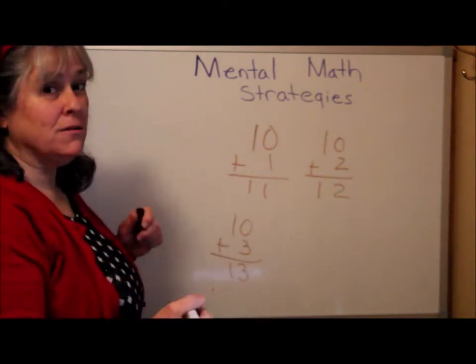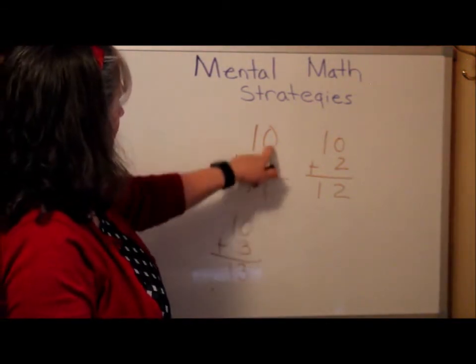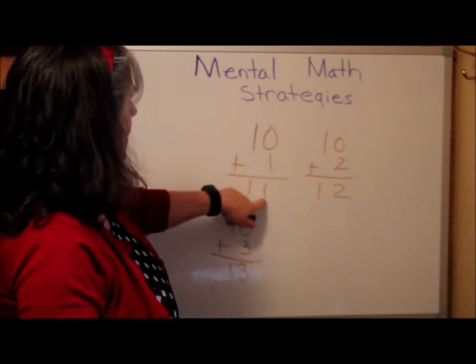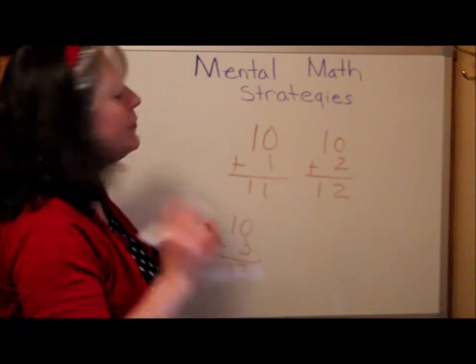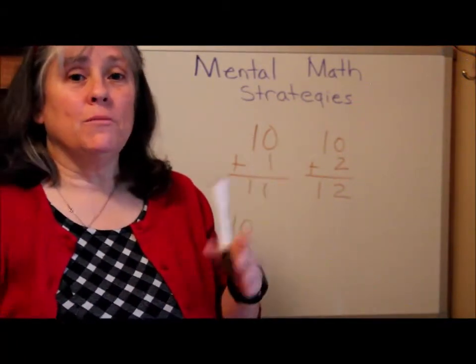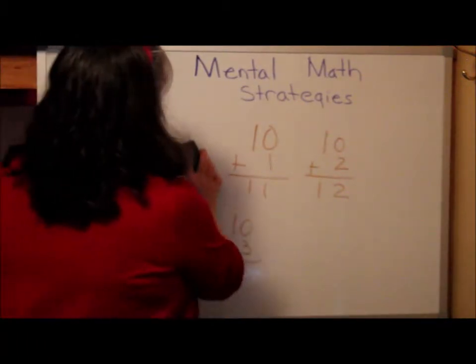Do you see the pattern? Do you see how we're just adding that extra 1 into the 1's position? So you have a 10 and a 1, or a 10 and a 2. Today we're going to talk about breaking numbers apart to help make those 10s.